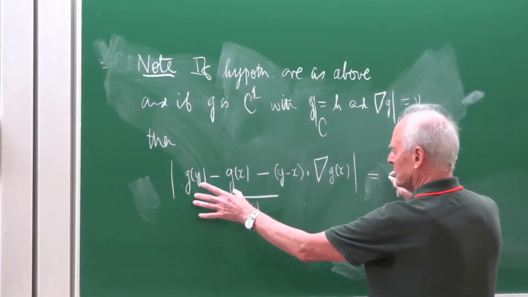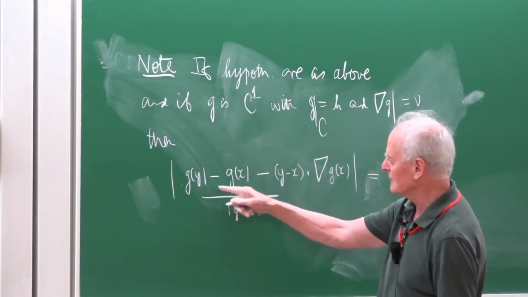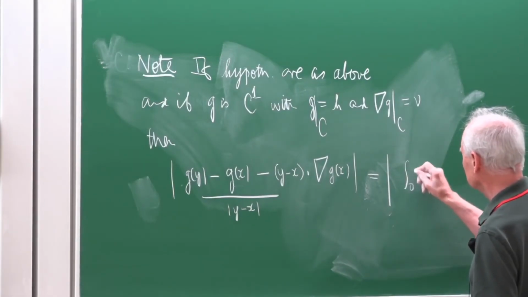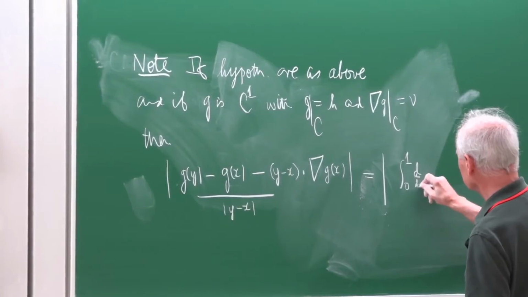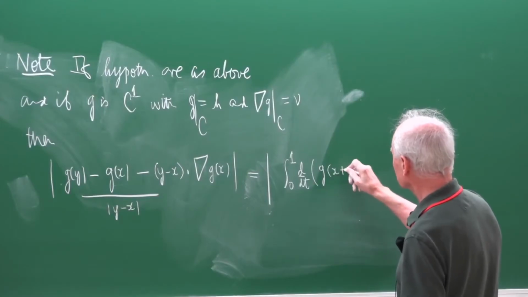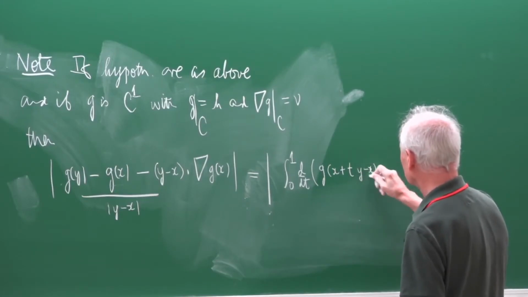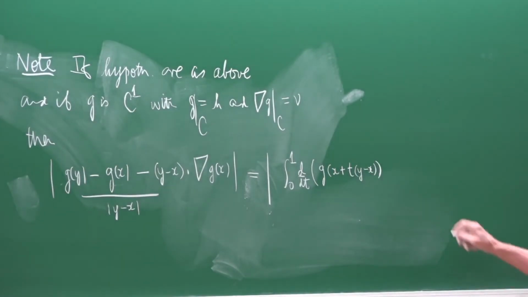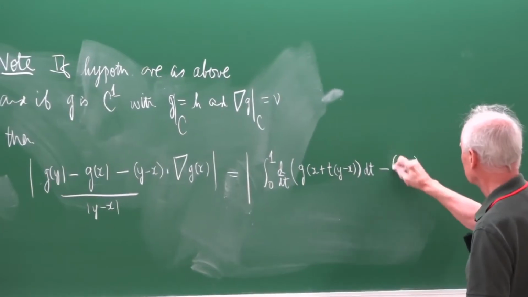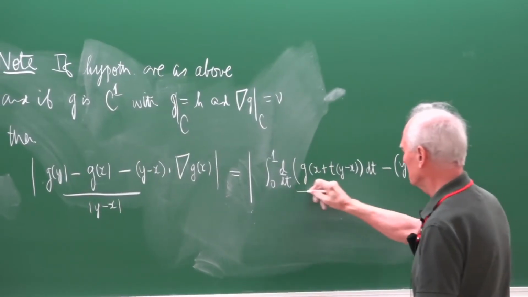This can be rewritten, Gy minus Gx, I can use calculus to compute this. It can be rewritten as the integral from 0 to 1 of the derivative with respect to the t variable of G of x plus t times y minus x, dt, minus this thing still, y minus x dotted with the gradient of Gx, over the length y minus x.